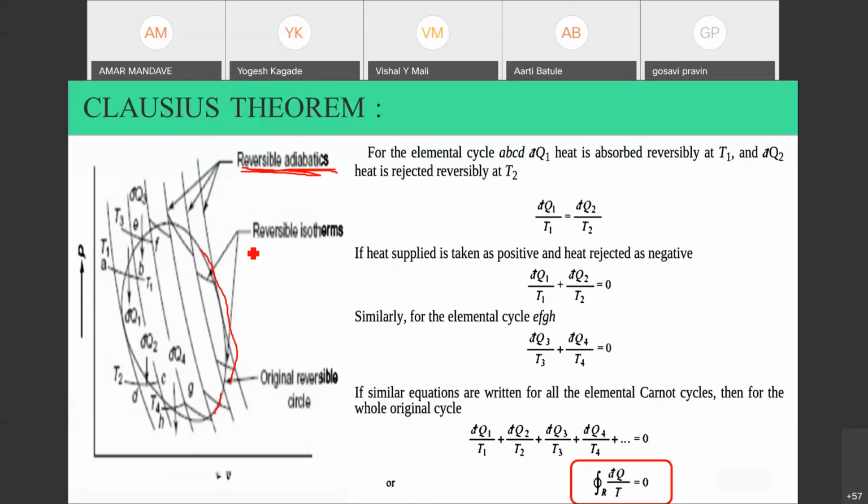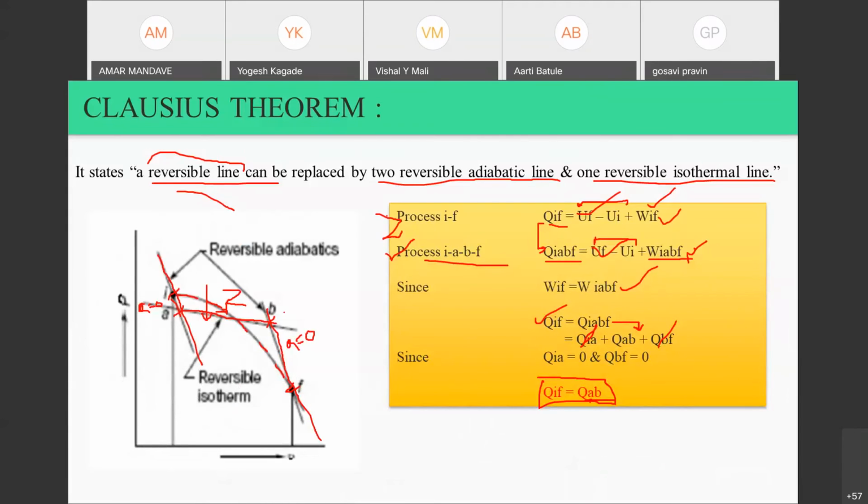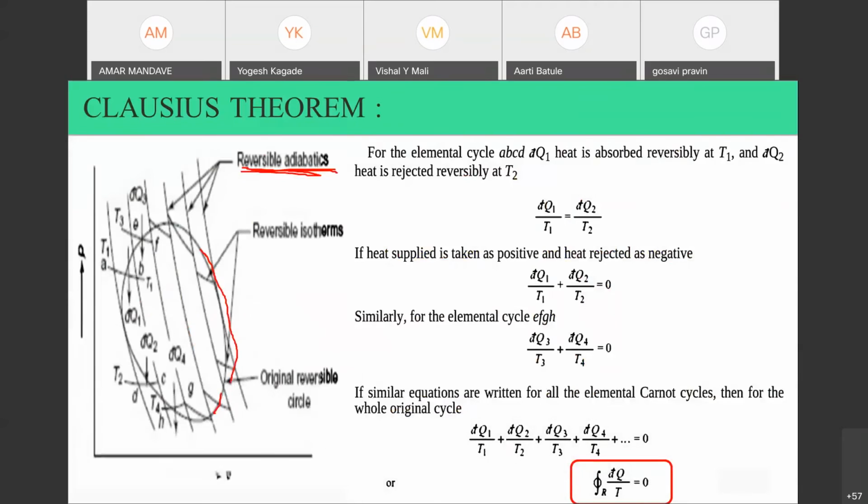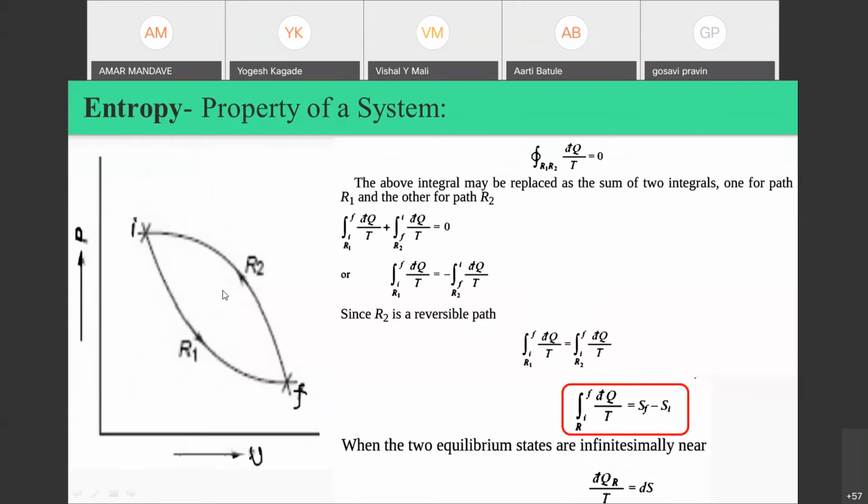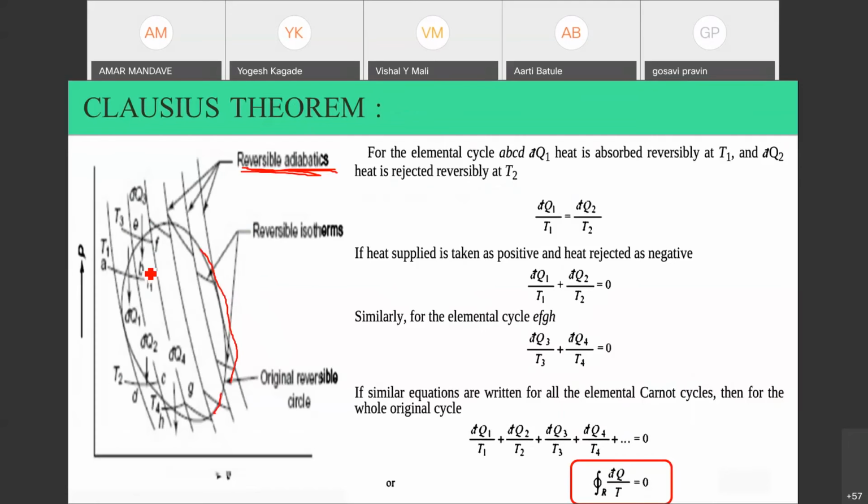Now, when we have split this original thermodynamic cycle, we consider one part, the part between these two adiabatic lines.